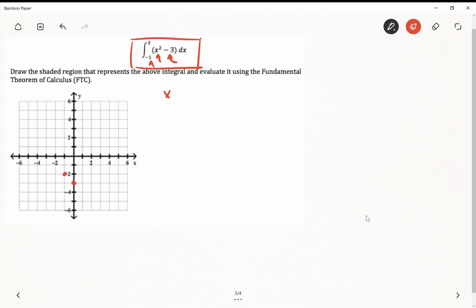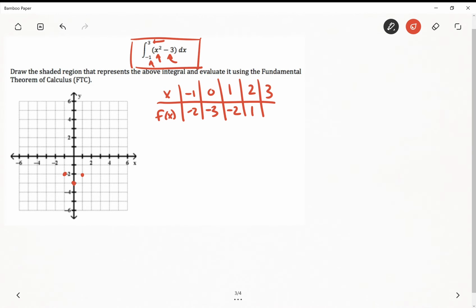And I can make a table of values here. I'm just picking values until I get to my upper bound of 3. So 2 squared is 4, minus 3 is 1. And 3 squared is 9, minus 3 is 6.